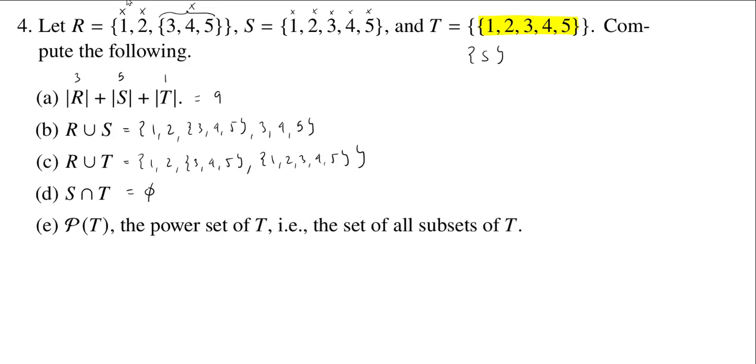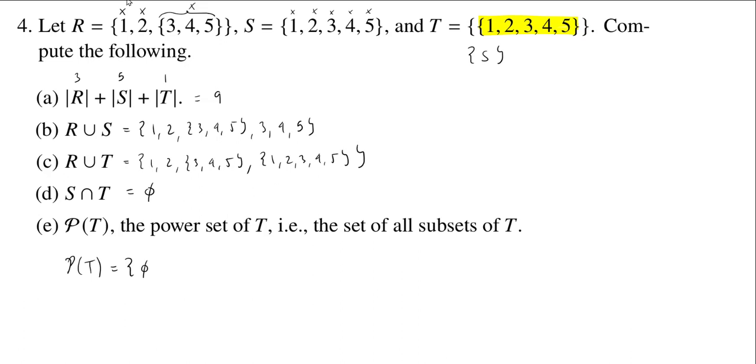All right, finally, P of T, the power set of T, or the set of all subsets of T. All right, so I'm going to use just this simple notation here. T being the set containing S, what are all of the subsets? Well, you always have the empty set as a subset. Now, what if it's non-empty?